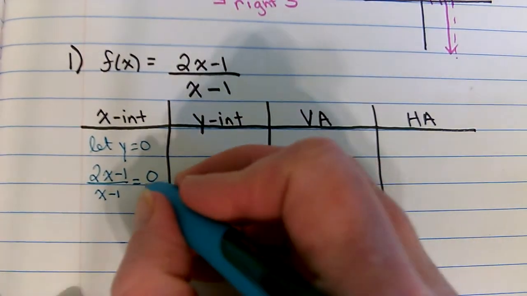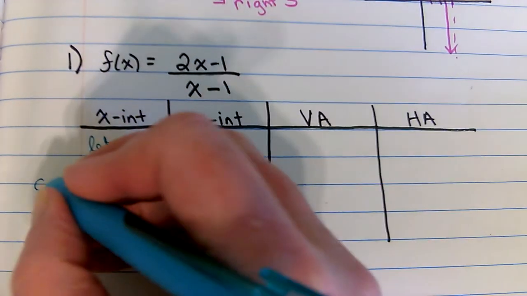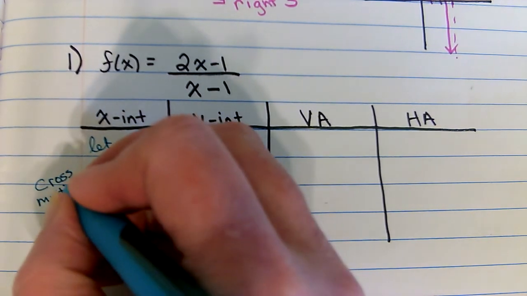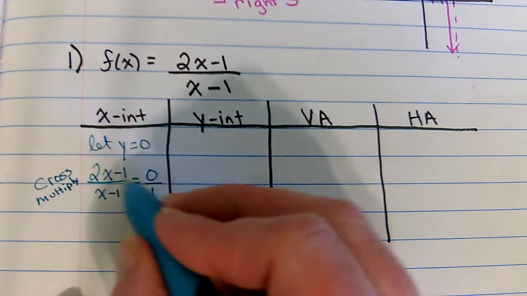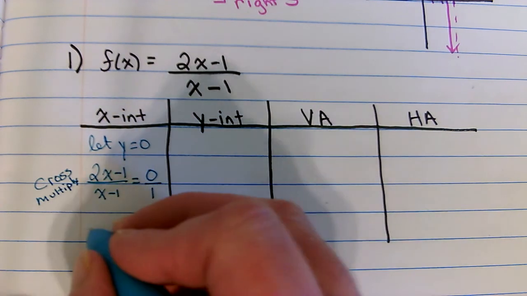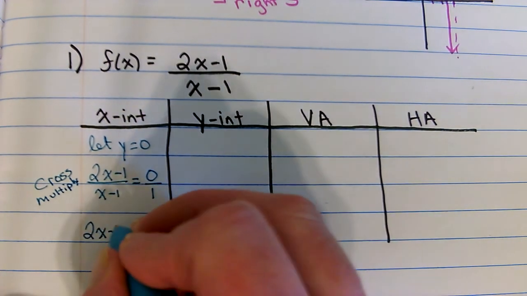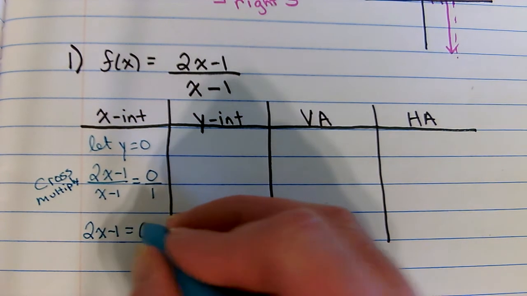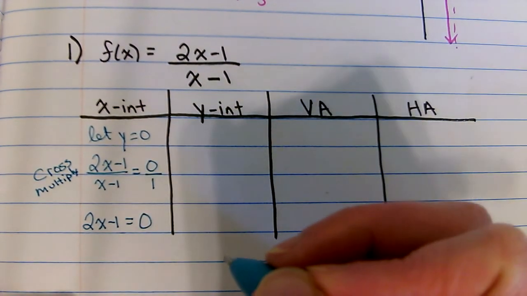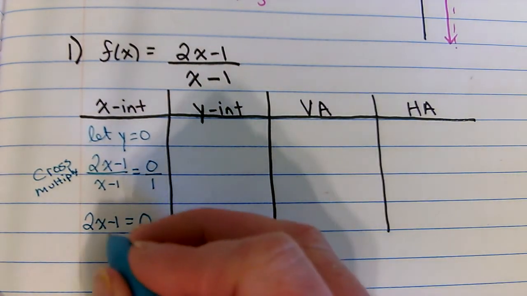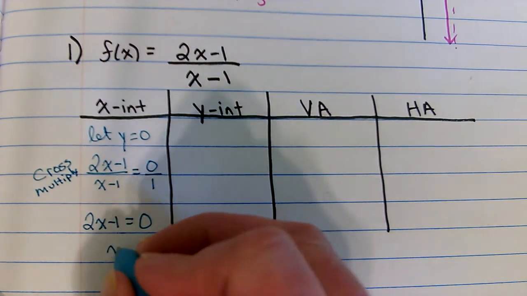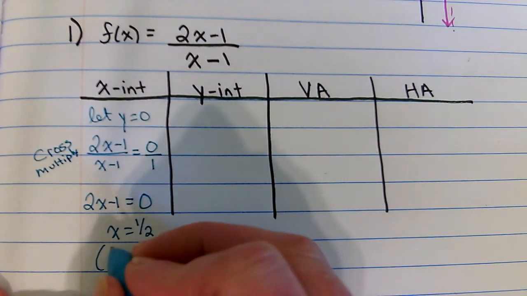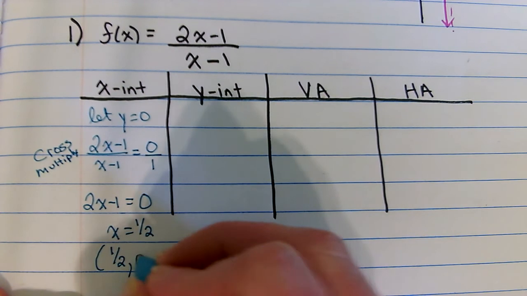And if I make this equal another fraction, I can cross multiply. So I'll have 2x minus 1 times 1 equals x minus 1 times 0. And now I have to solve. So I'd add 1, then divide by 2. That's going to give me x equals 1/2. So my x-intercept is the point (1/2, 0).